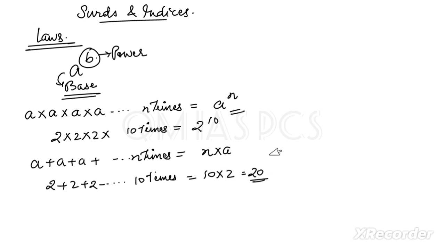So there is a huge difference. Whenever there is a question of multiplication or addition, you have to understand these values are completely different. Either it's multiplication or addition, the value will change; one will be in power, the other in multiplication. Got it?